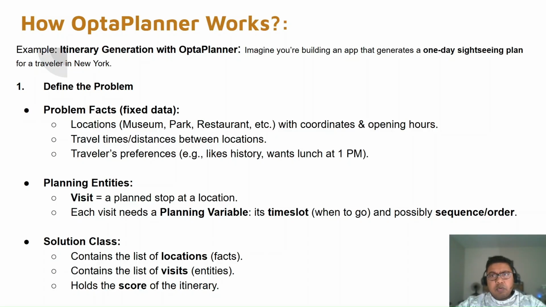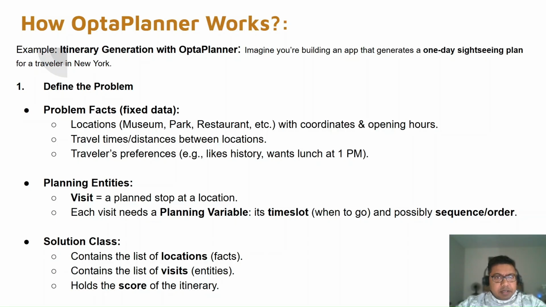That's why we need the coordinates and opening hours, and basically we need the closing hours as well, so we can understand that it won't overlap. Travel times, distance between locations, traveler preferences, like if the person wants to visit historical places, we might prioritize the museum visit before anything else.